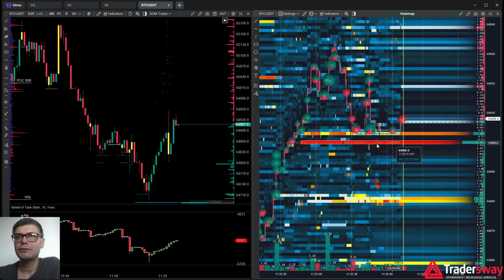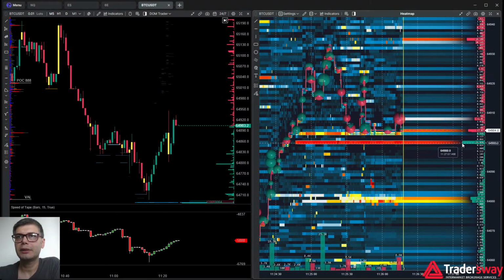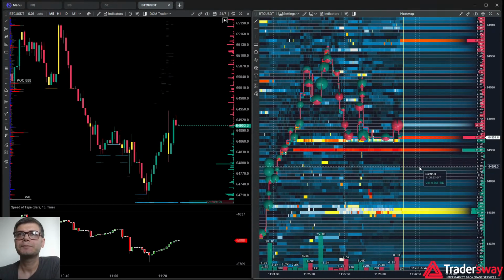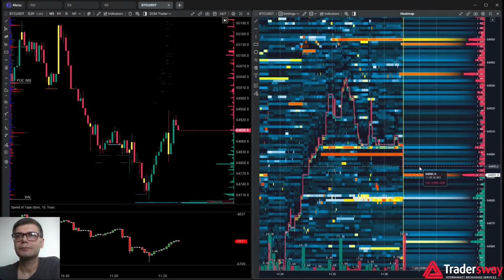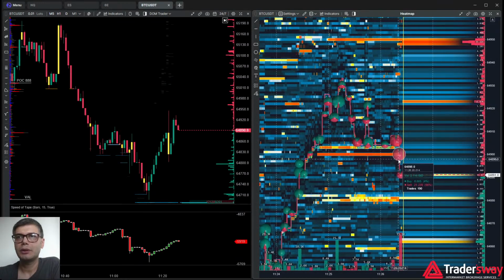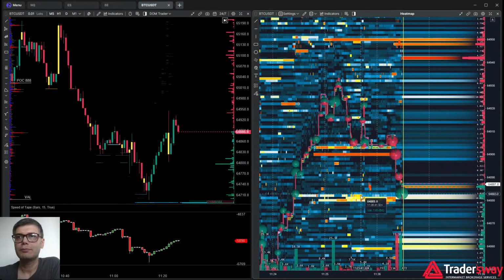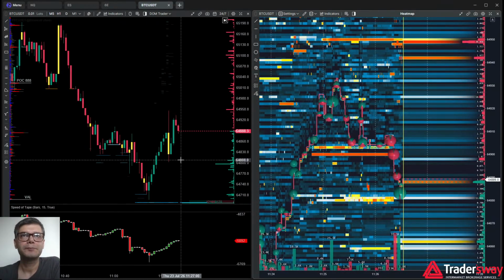Okay, let's see if these thick limit buy orders they put here can hold or not. It didn't hold. They sold below it with several big sell orders. They managed to push the price lower.